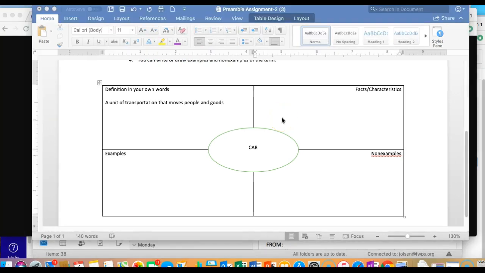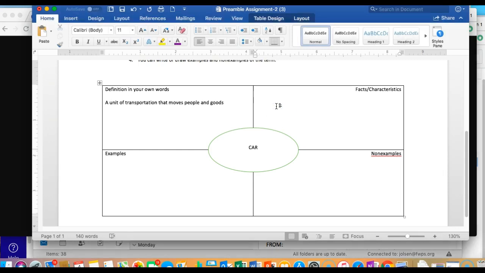You want to think of a list that is going to help describe the word. For example, what makes this word this word? Our example word is car, so I might write metal, wheels, gas, oil. What else makes a car a car?